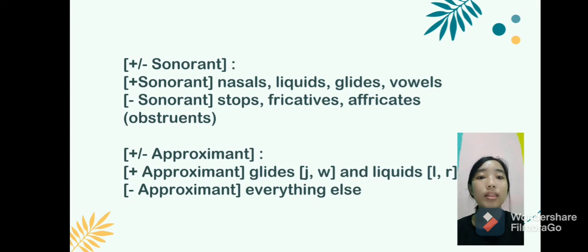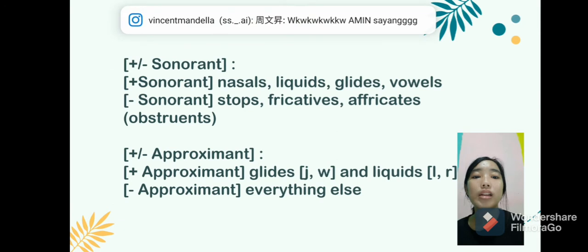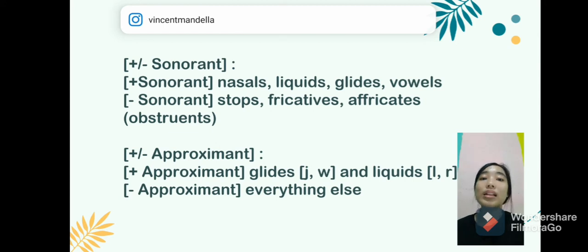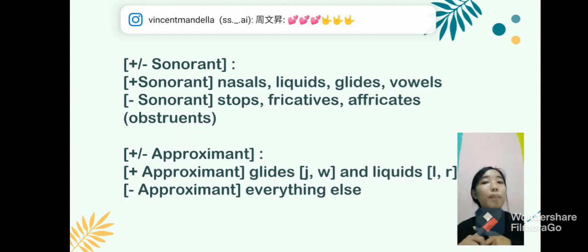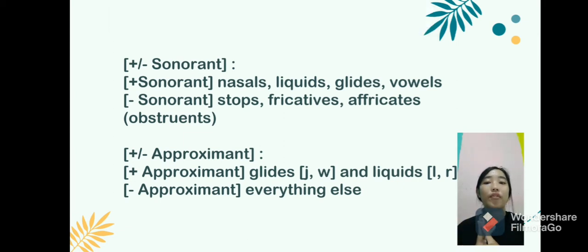While the non-sonorant sounds have a vocal cavity disposition which inhibits spontaneous voicing or involves a radical obstruction of the airflow. What are the plus sonorants? They are vowels, nasals, and liquids. And for the minus sonorants, they are stops, affricates, and fricatives.